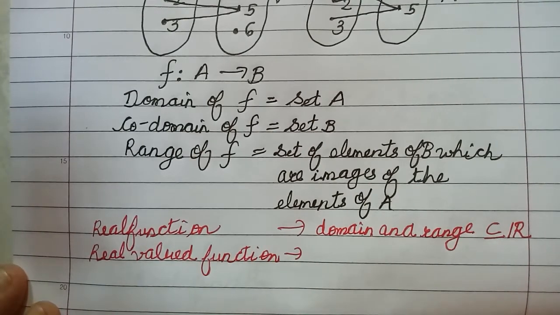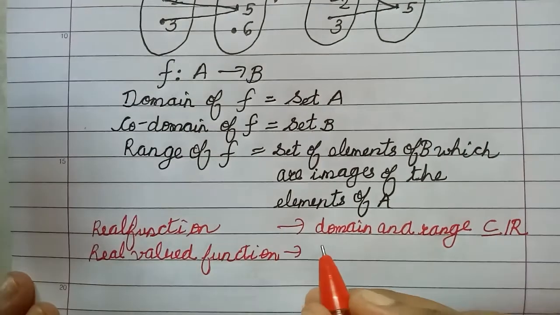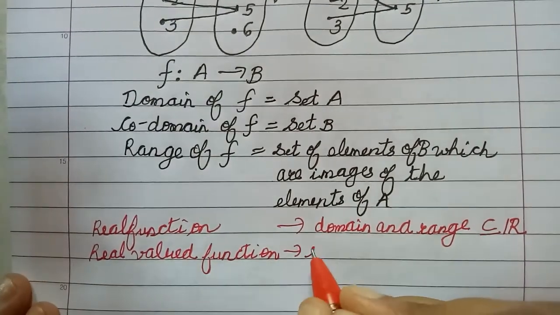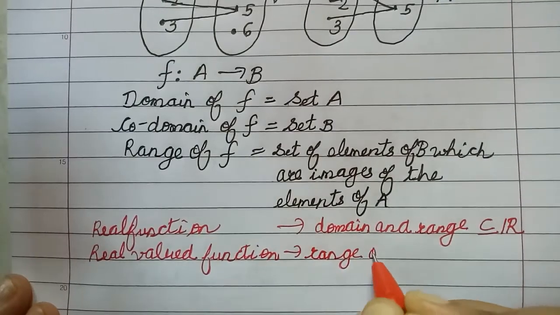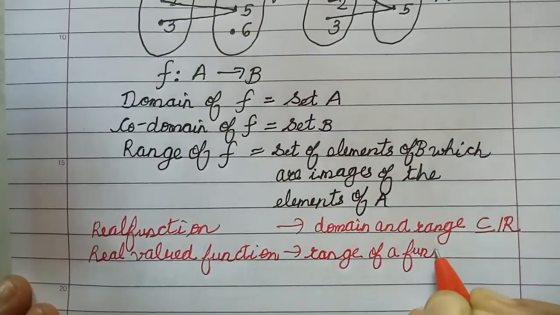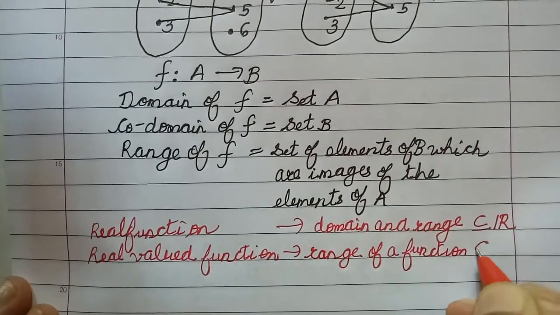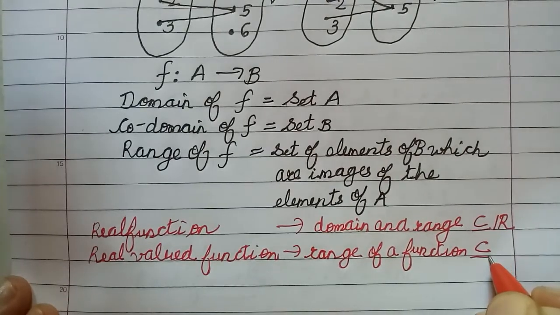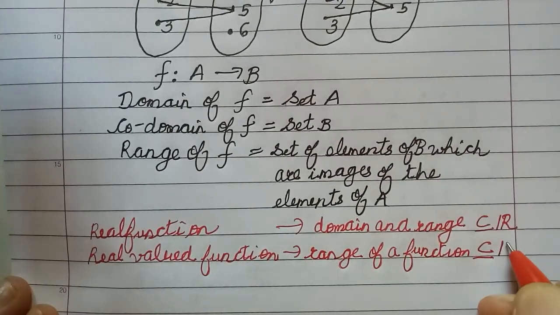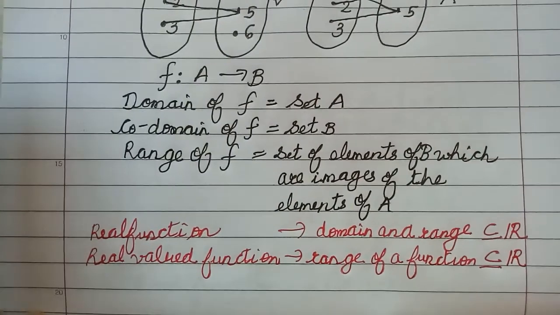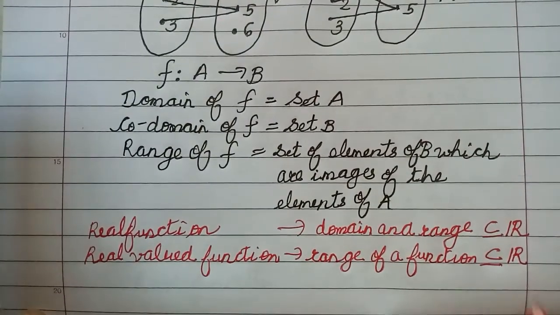Now a small change in the real function will give you a real valued function. Here there is no condition on the domain. It says that if the range of a function is the set of real numbers or its subset, then it is called a real valued function. Very simple.